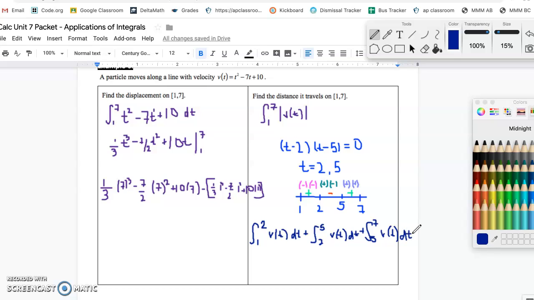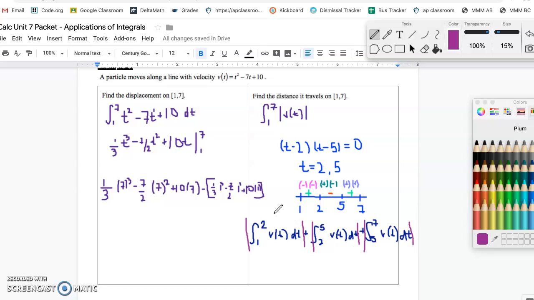And because it's distance, what I need to do with each of these integrals is take my answers and make them positive. So I'm just taking the absolute value of each integral, like that.